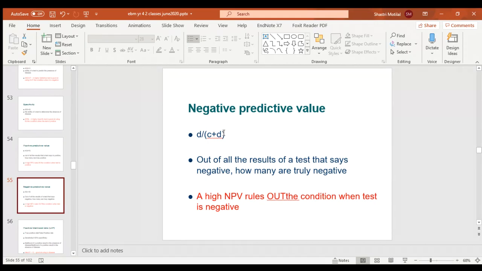So if you had some sort of test and you used it in the emergency room, and all of a sudden you use it in the health center where the prevalence of the condition is much less, the negative predictive value for that test would go up and the positive predictive value for that test would go down.